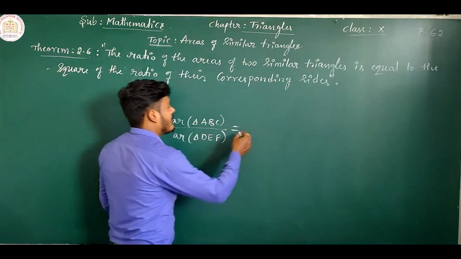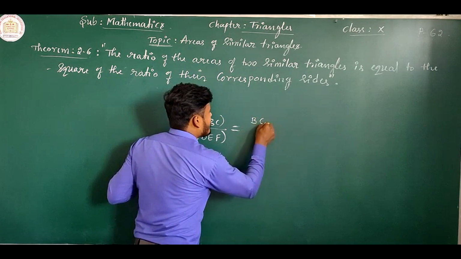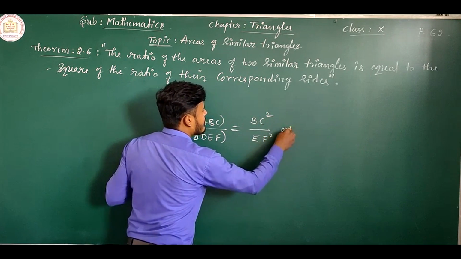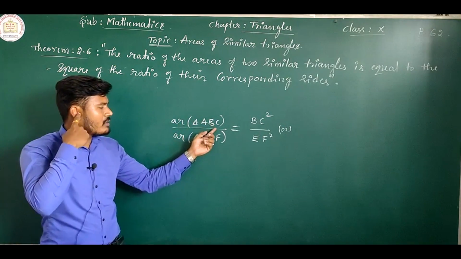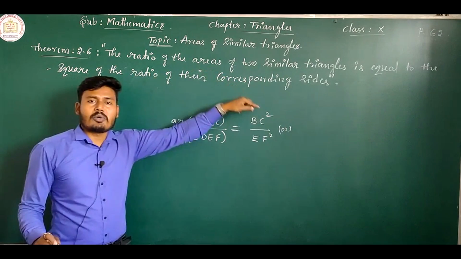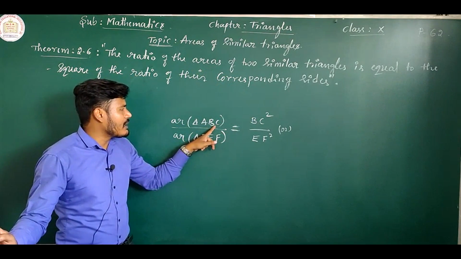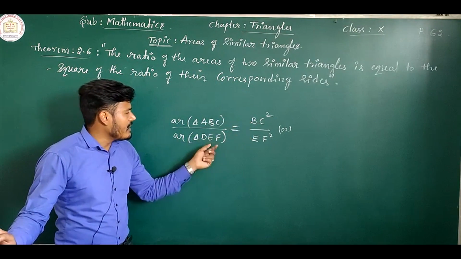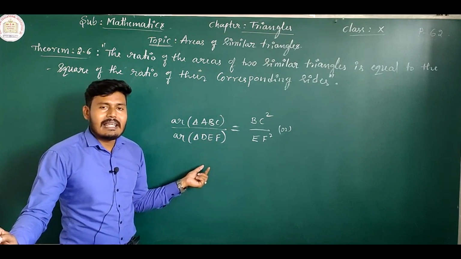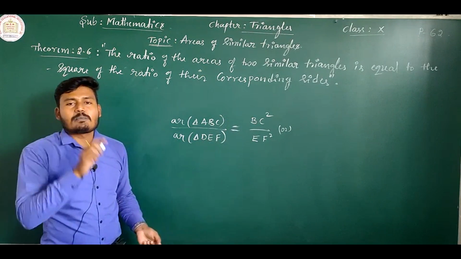So we should write it like this: BC square divided by EF square, because BC corresponds to EF, so we write the square of the ratio of their corresponding sides. That means if you consider BC from this triangle, then you should consider EF from triangle DEF, because these two correspond to each other.